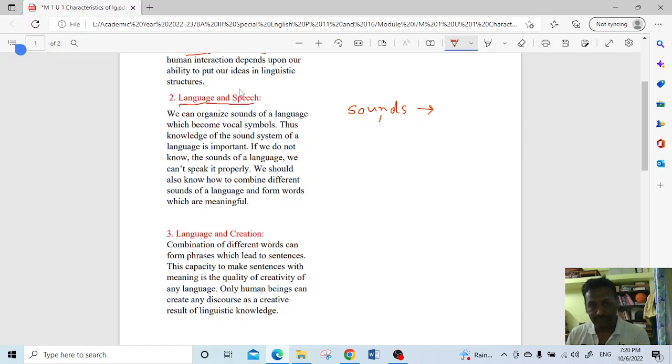For example, when you utter a word in English like this, bat, while uttering this word, you produce three sounds. The first is b, written in English this way, sound b, a and t.